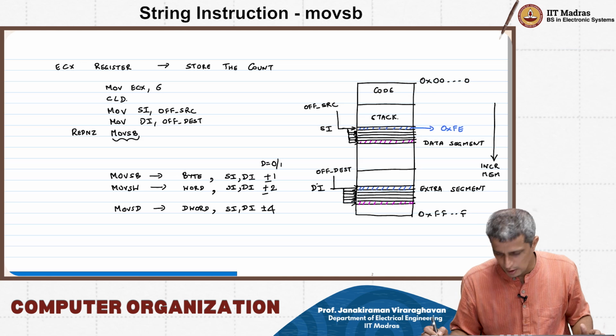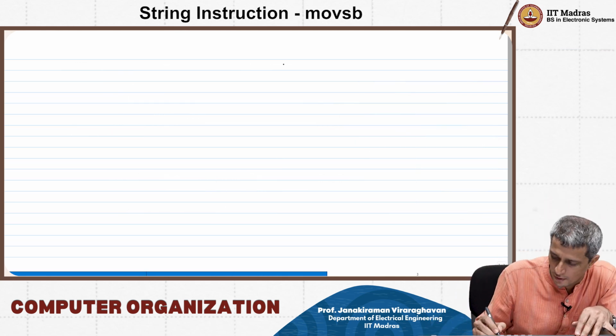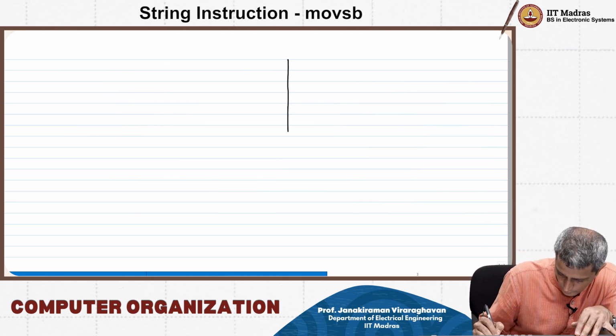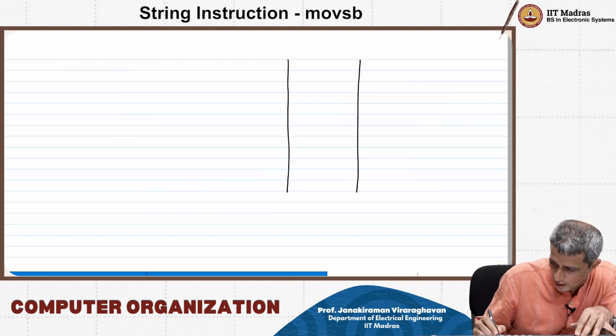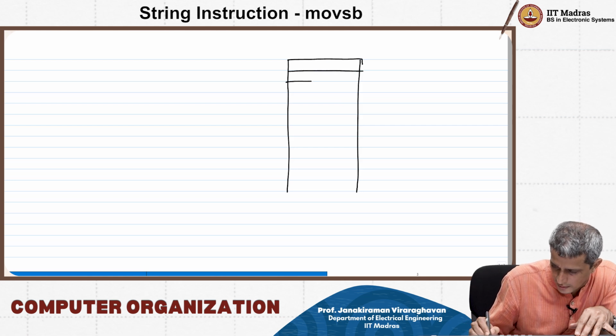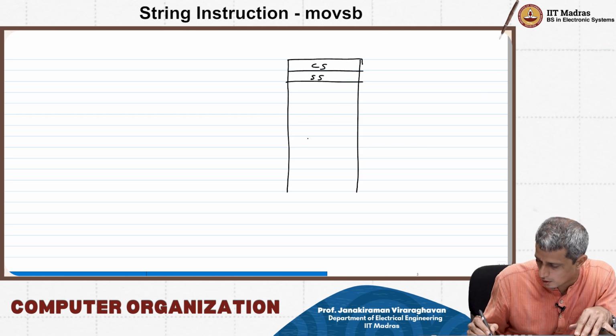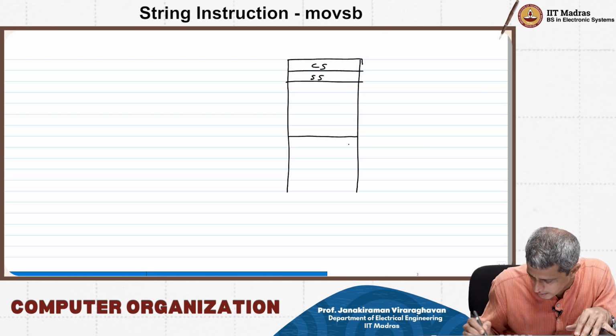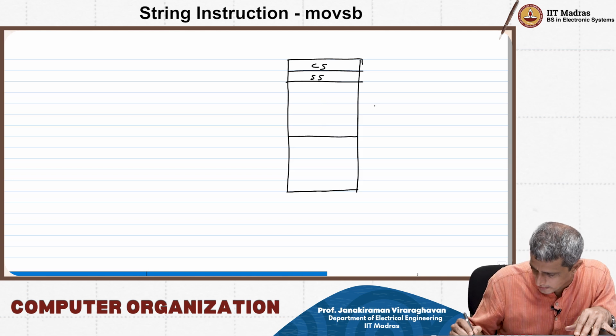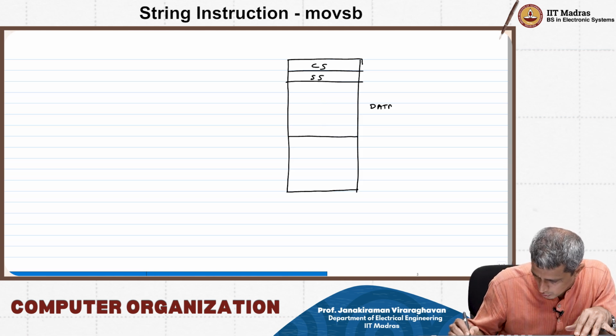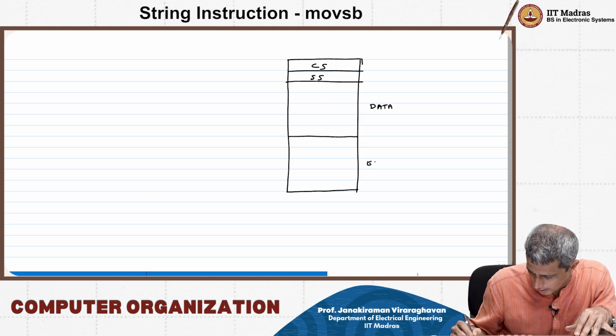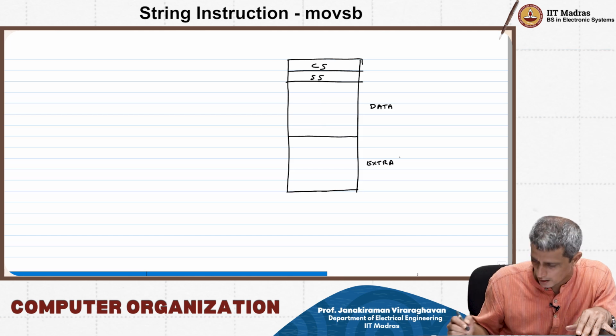So, for example, again I will draw the code segment and a stack segment very small. Let us say that this is my data and extra segment, right?